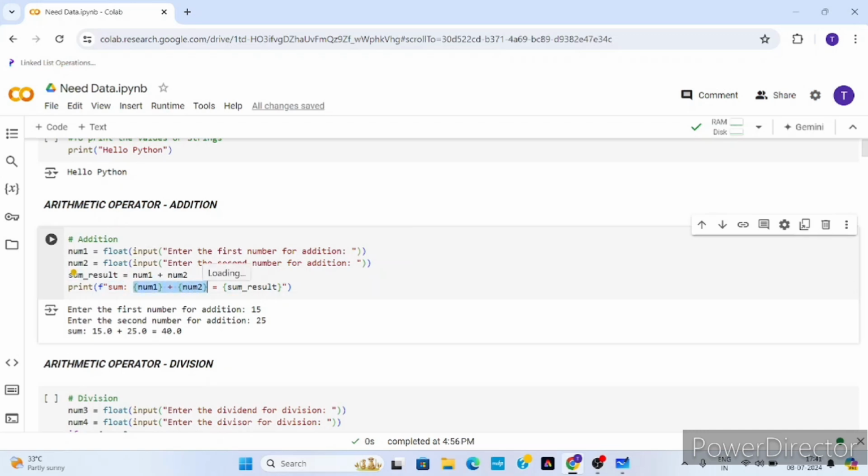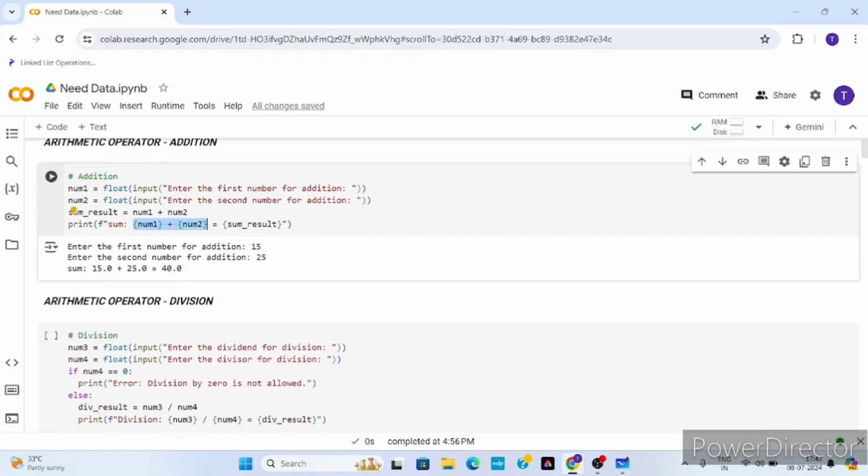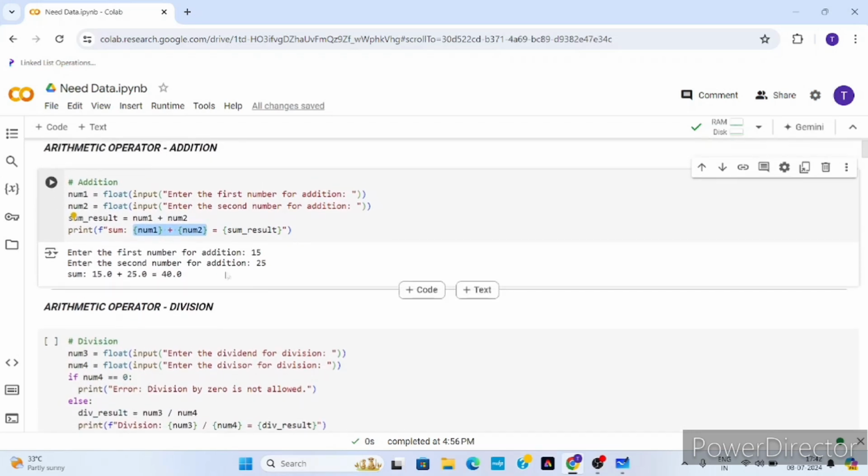You want to get these values from the program, so you are using this f. Instead of f, you can directly open quotes, and use sum and num1 plus num2, and put a comma, but it's quite a big process, and we can see it in further processes.